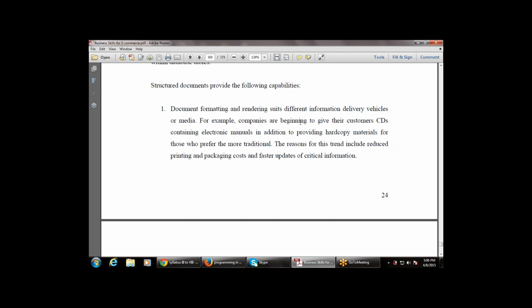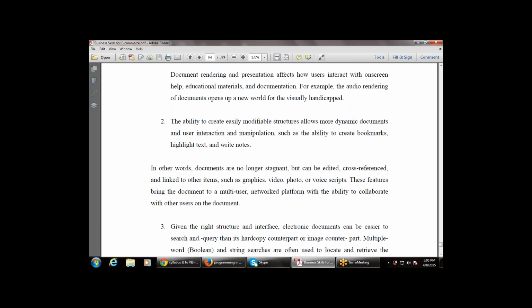For example, companies are beginning to give their customers CDs containing electronic manuals in addition to providing hard copy material for those who prefer the more traditional. Most companies, whenever a new employee joins, prefer to give the hard copy as well as the soft copy in CD format.